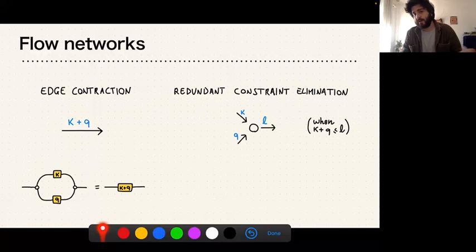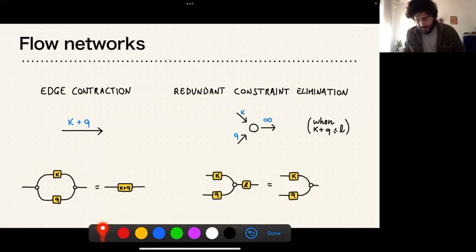So the flow will never exceed l, and we can basically replace it with infinity. This is easily represented by this law, where we drop this constraint here. Notice that these laws are perfectly provable with the axiomatization, which is, as I told you before, complete.